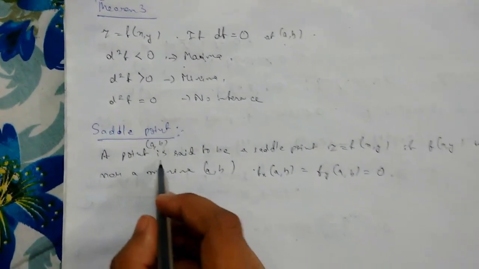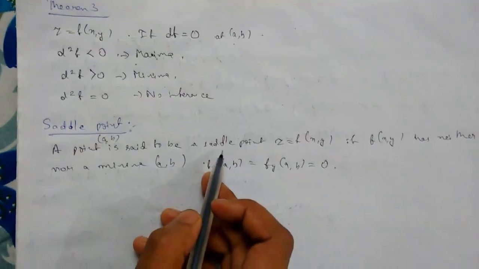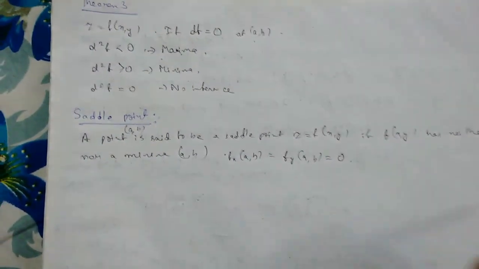So a point is said to be a saddle point if it is neither a maxima nor a minima.